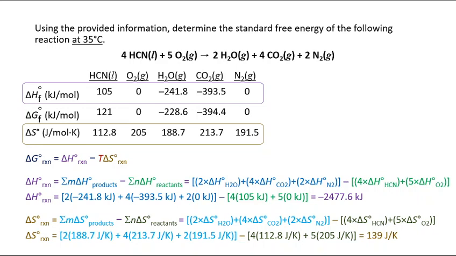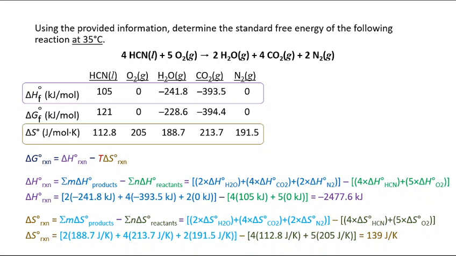Here you need to make sure that your delta H is in kilojoules and your delta S is in joules per Kelvin, because that's the way these values are laid out for you. I should note that we got rid of our per moles because we were multiplying all of these values times the actual moles of the compounds in the chemical formula.